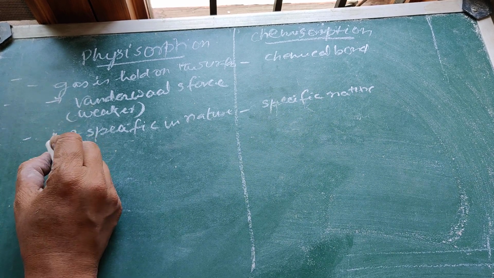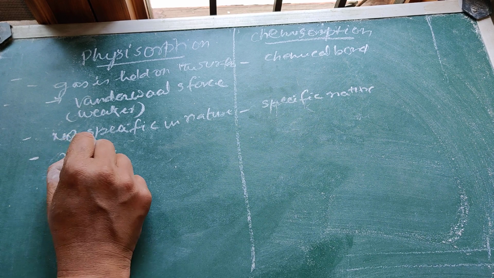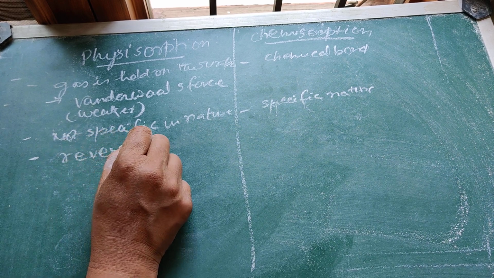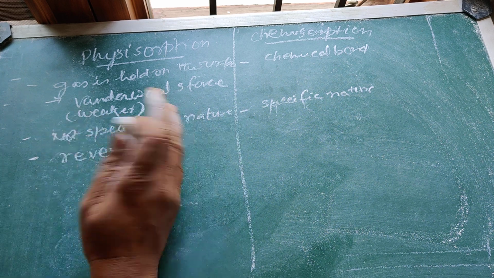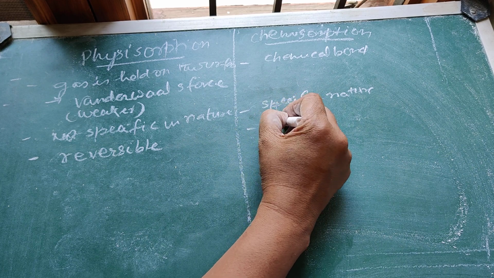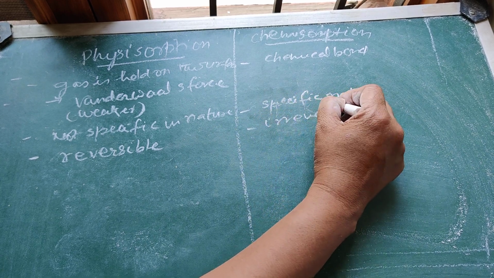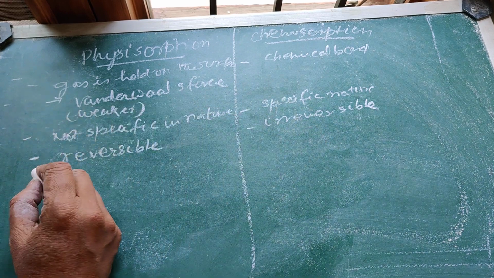Then physisorption is always reversible: adsorption and desorption take place. Chemisorption is irreversible; you cannot reverse back.